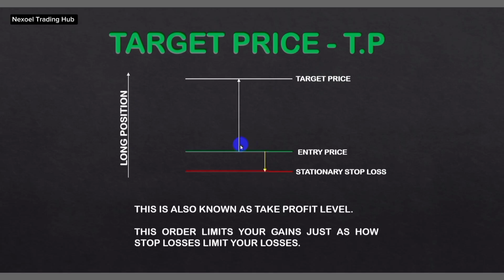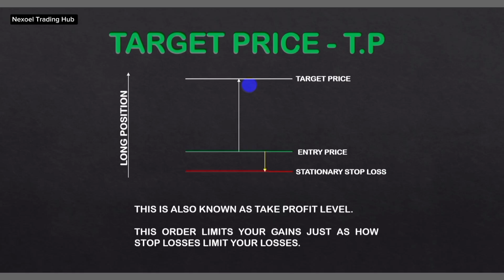When the market is going in your favor and reaches your target price level, the position is going to be closed and keep you in profit. That is why I would stress that it is important for you to set a target price so that you won't act out of emotions when your trade is open.